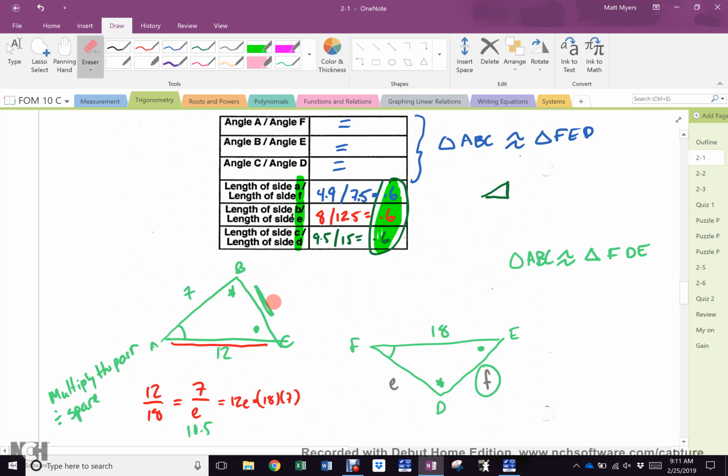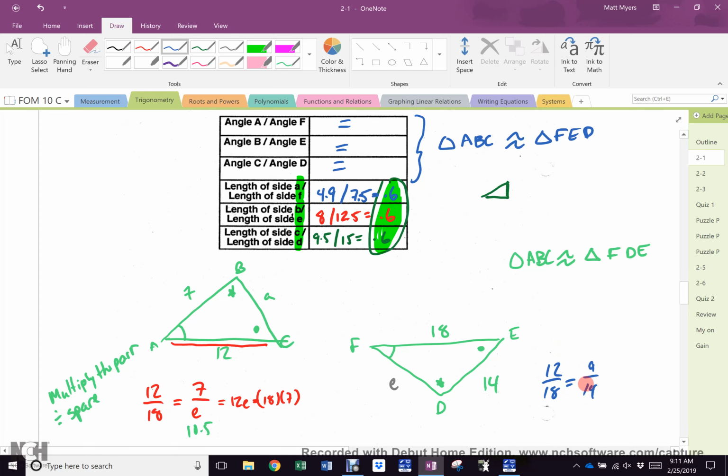If I told you that F was 14, could you tell me little a? How? What would you do? Tell me the calculation. 12 over 18 would equal a over 14, because I have the smaller ones first.